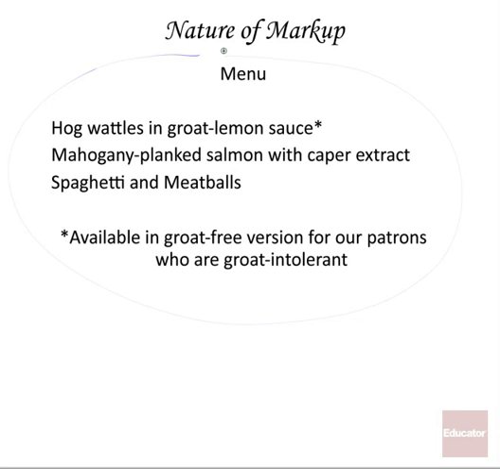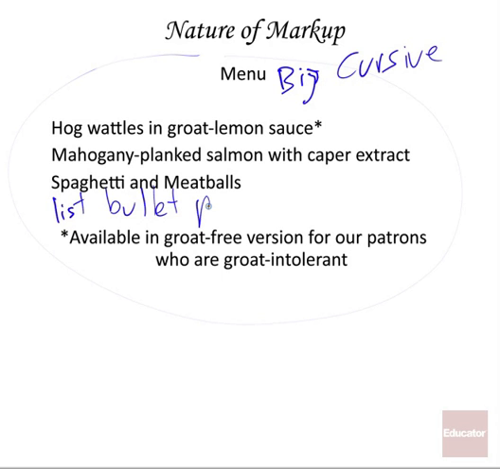And I might give them some instructions as to how exactly I want it to look. For example, I might say that I want the menu word at the top of the header there to be big and cursive. Now, I'll leave them a little note on my mock-up of my menu saying I want that big and cursive. And I'll say that I want this to be a list with bullet points, fancy bullet points.